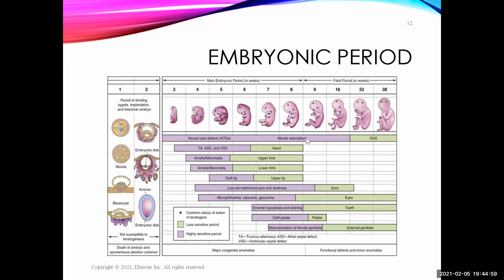So this is a nice graph to kind of understand what's going on during this period. This here is formation of the heart. So ASD, VSD, TA, these are all things that are going on in the heart that's going to affect fetal circulation.